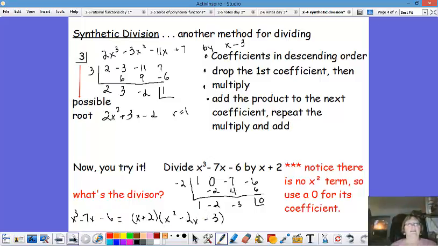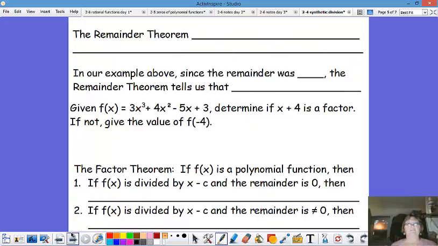All right, interesting procedure and one that we'll practice again, but I'd like to draw your attention to a couple of theorems. The reason why we're doing this is so that we can see if things are factors.